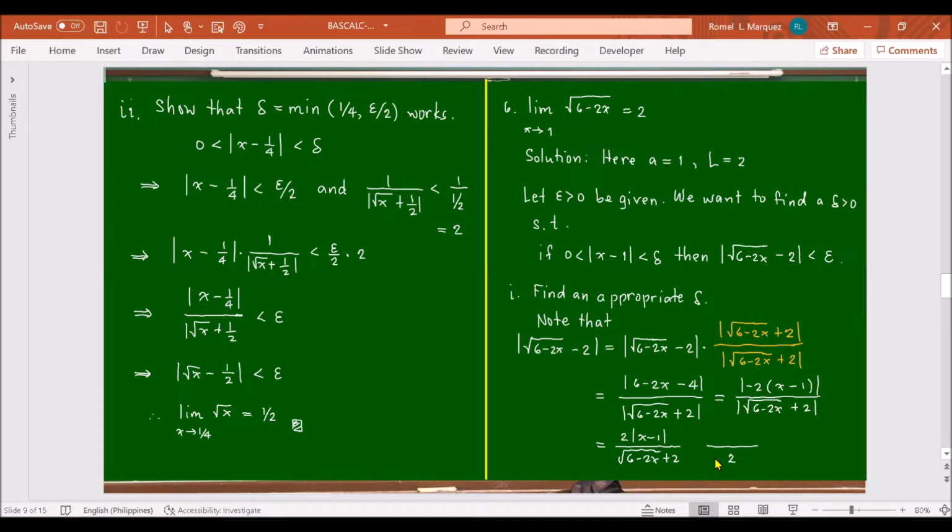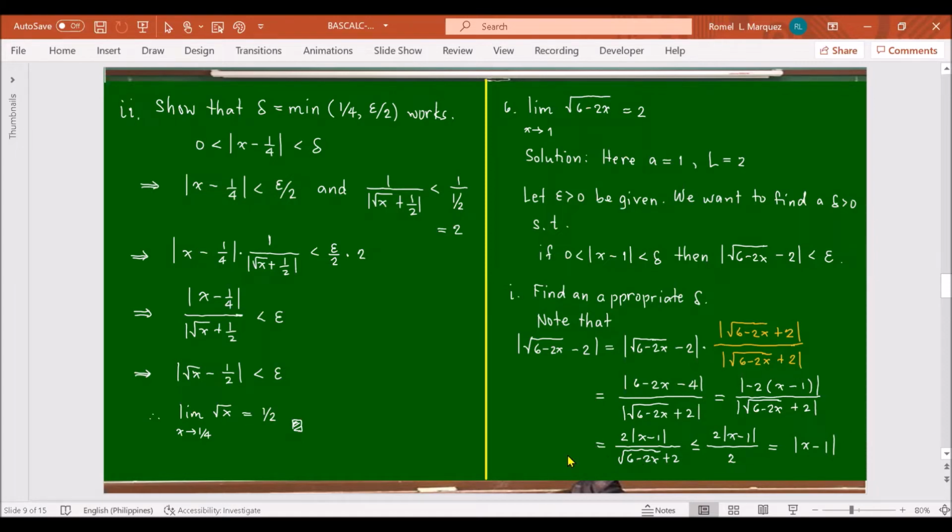And the smaller the denominator, the bigger the fraction, if you have the same numerator, or equal to, if this is 0. So I can cancel 2 to get what? To get absolute value of x minus 1.